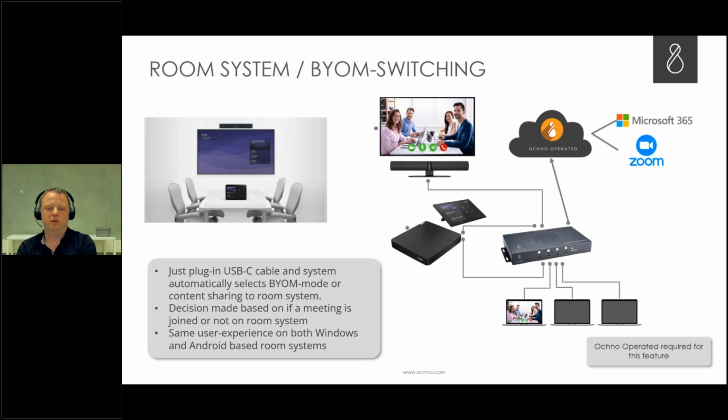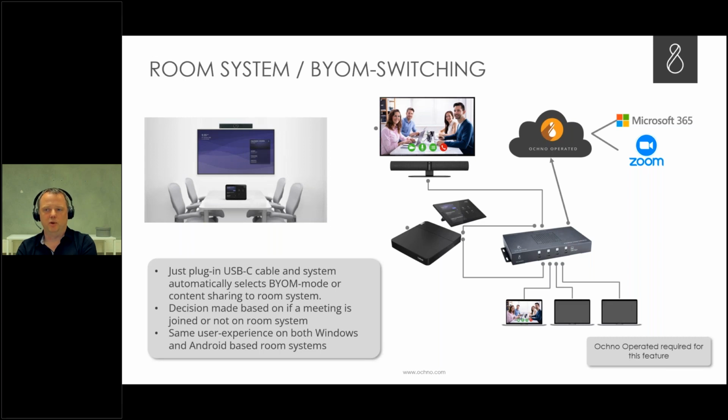So from an end user point of view, if you come into the room, you haven't joined any meeting on the touch screen, you just connect your laptop with your USB-C cable, and you will automatically be in bring your own meeting mode. So you come into the room, you connect the cable, you start your Google Meet on your laptop, you're up and running, camera, speakers, TV, everything.